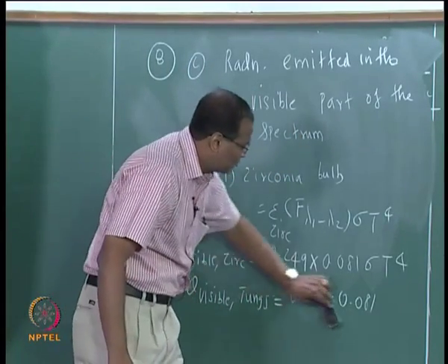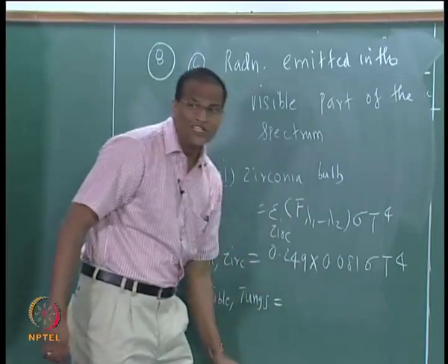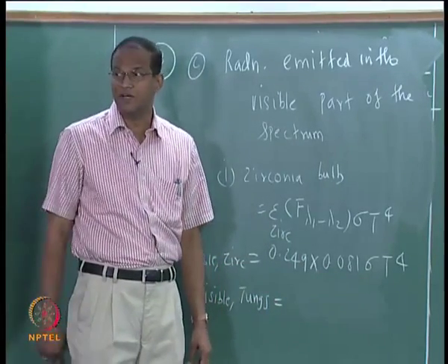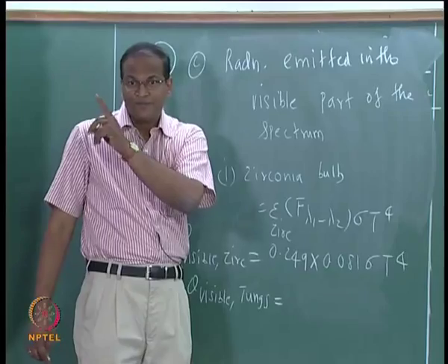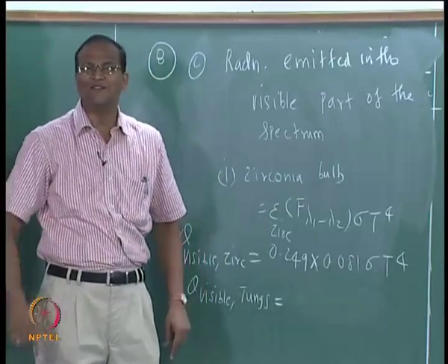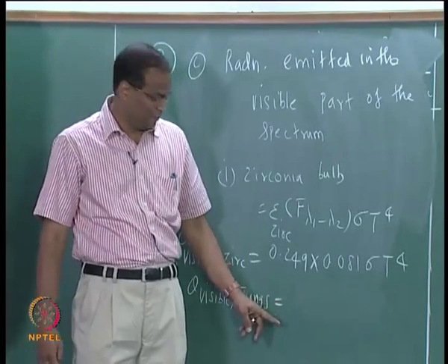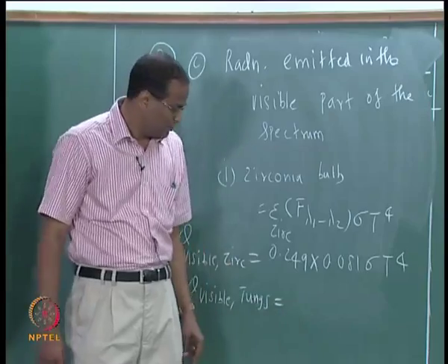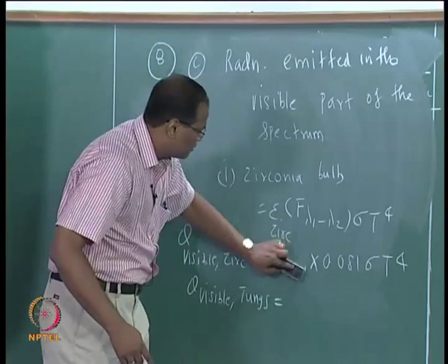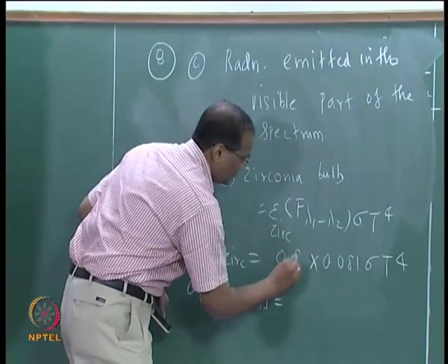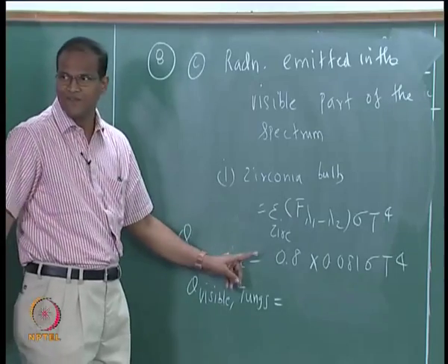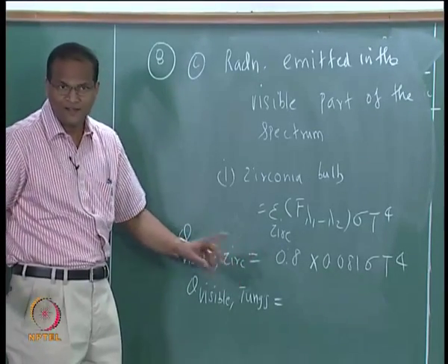Here we are having trouble. What is the emissivity in the visible part of the spectrum for tungsten? Are you getting the point? We should not put this. I'm changing a lot of things.